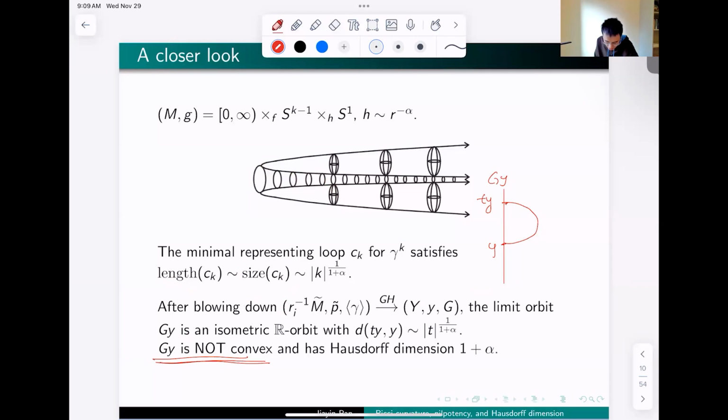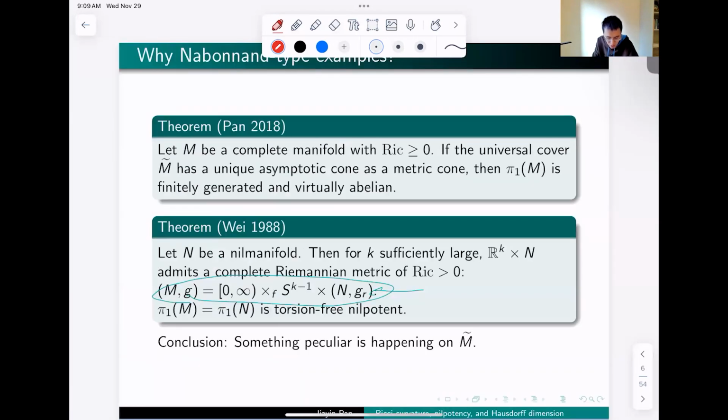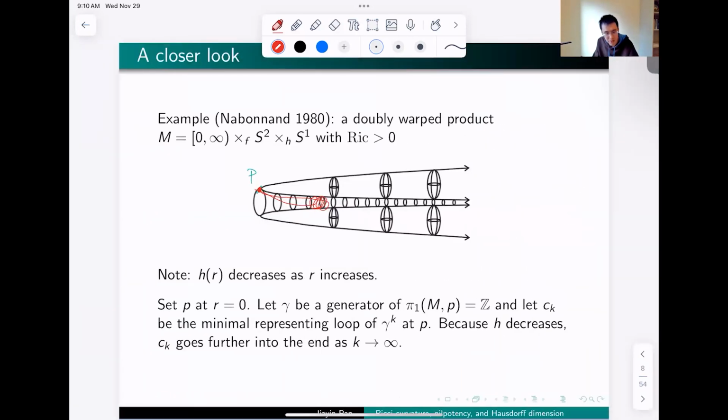And the other thing that we want to make a connection to is, again, these two results that we listed side by side before: how does the fundamental group play a role here? Because if we assume the universal covering has a unique asymptotic cone, it is virtually abelian, while in Nabonnand's example, we have a nilpotent fundamental group. Do these geometric features play a role in the distinction of, say, a fundamental group being abelian or torsion-free nilpotent?